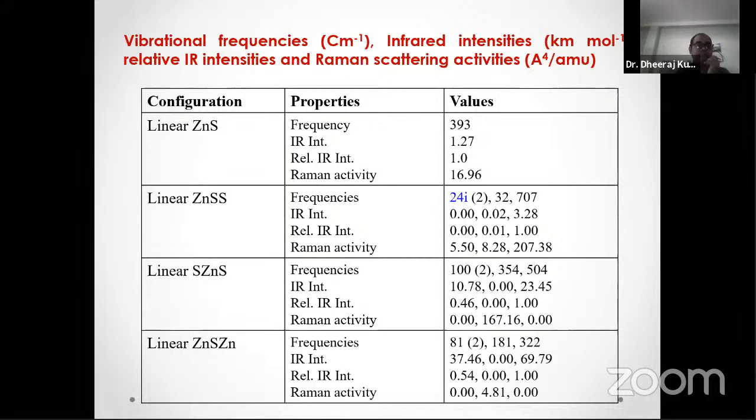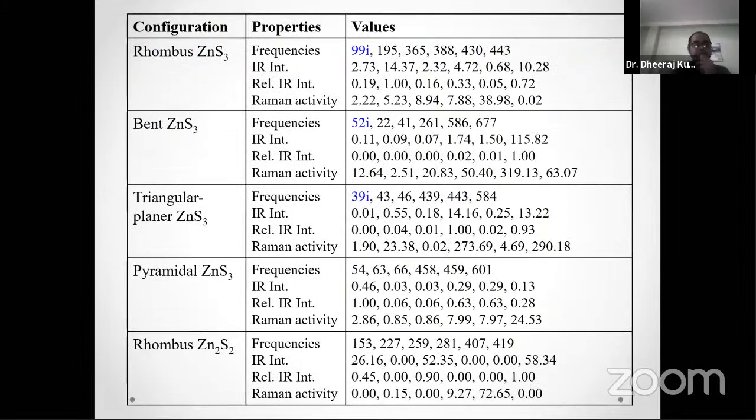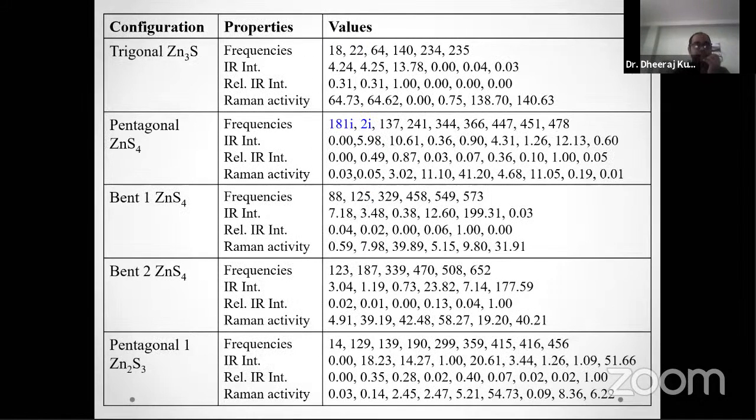So this structure was considered as unstable. Next slide. Here also 3 structures, rhombus ZnS3, bent ZnS3, and triangular planar ZnS3 are considered as unstable because at least one of the frequencies is imaginary. Next slide, ma'am.